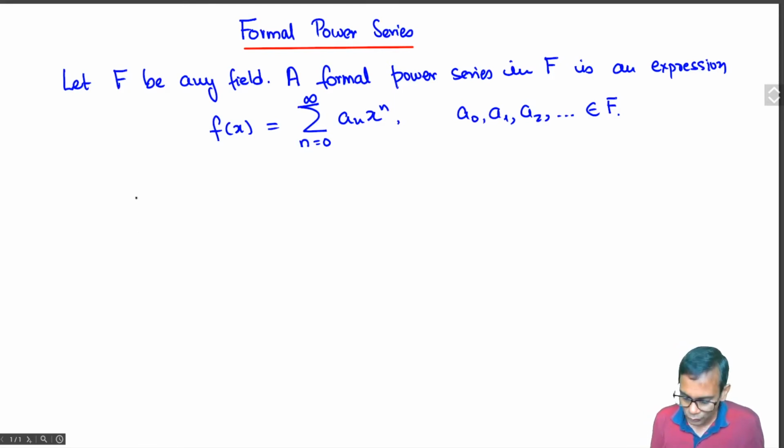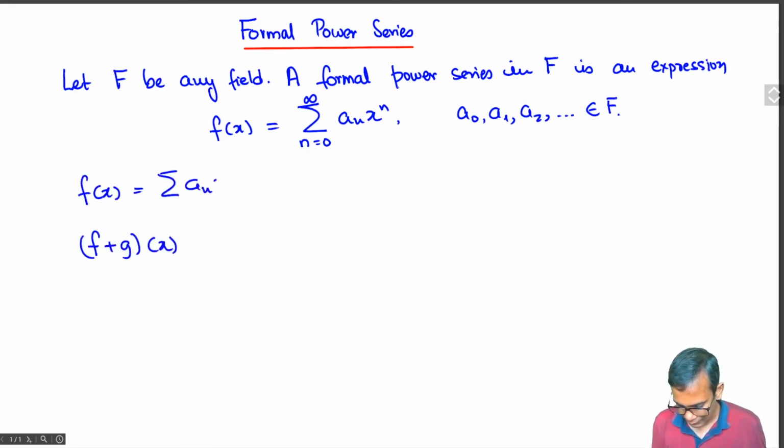And what you can do with these, though, are the various algebraic operations that you can do with functions. So we have the sum of formal power series, f plus g of x. Let's suppose that f is summation a_n x to the n, n goes from 0 to infinity, and g(x) is summation n goes from 0 to infinity b_n x to the n.